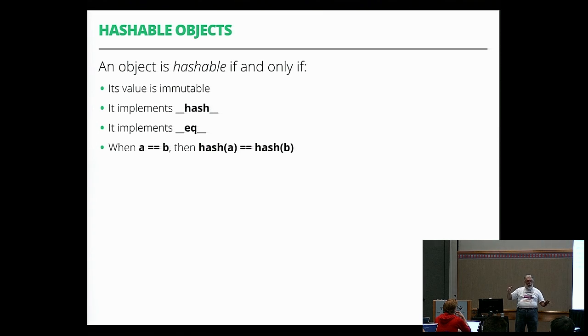The best answer here is the consultant's answer: it depends. Why is that? Because tuples are immutable, but their values may not be. Because a tuple can contain a reference to a mutable object.